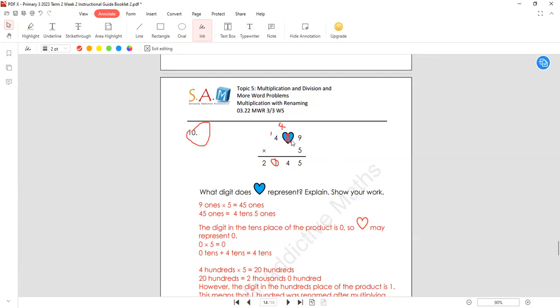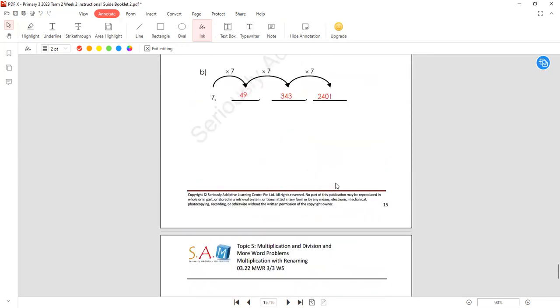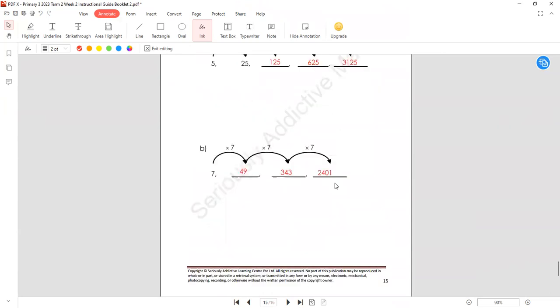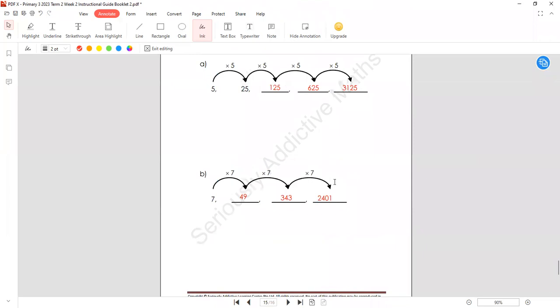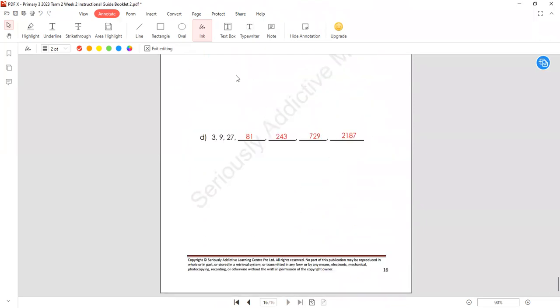Oh, wait a minute. 2 tenths times 5 equals 10 tenths, sorry. Right? So 10 tenths plus 4 is 14 tenths. So you put a 4 tenths here and then 100 here. And then that makes sense. So that means star equals 2. Okay? Work this out with them. And then I think that's it about this. The rest, I think they are quite familiar with what needs to be done. I will assign some of those as homework.